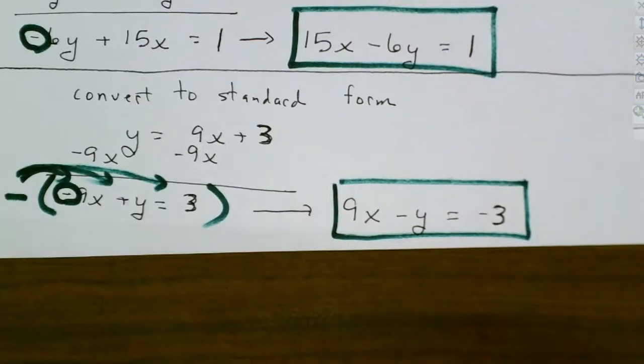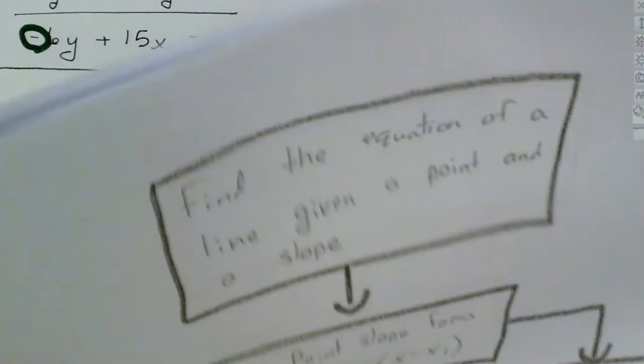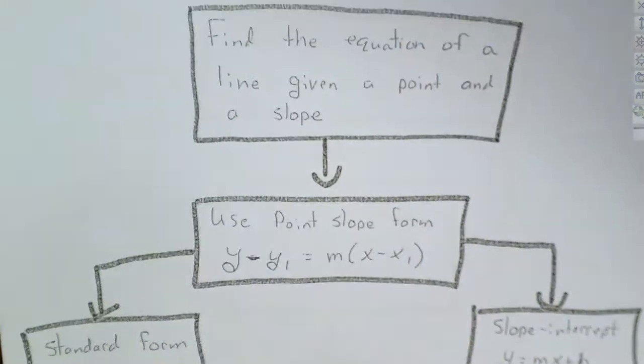Now we're going to move on, and we're going to start building equations. A lot of times, students struggle with this section. And this is the absolute easiest way to work through this section. There are 3 different flowcharts, and we're going to be using them.